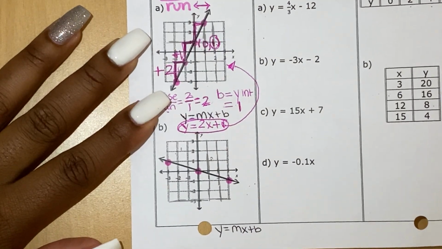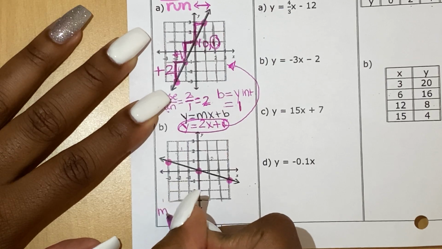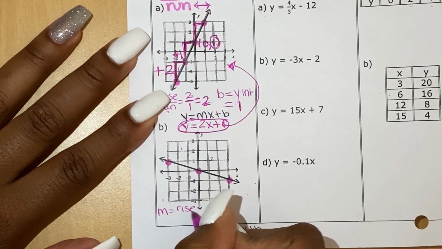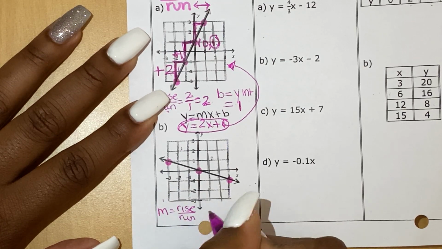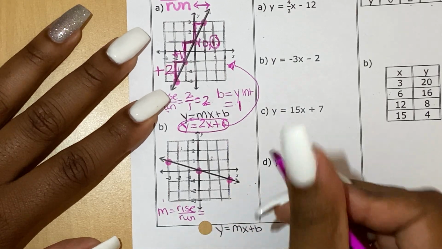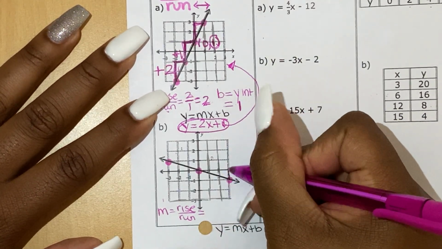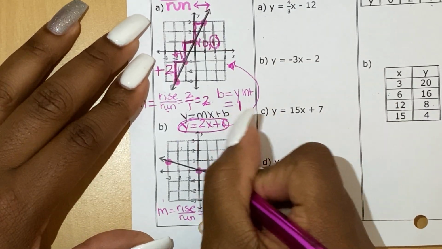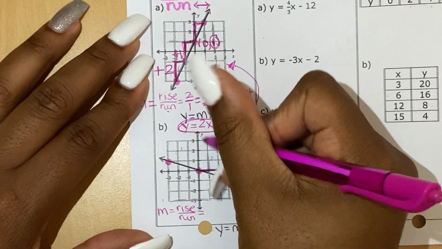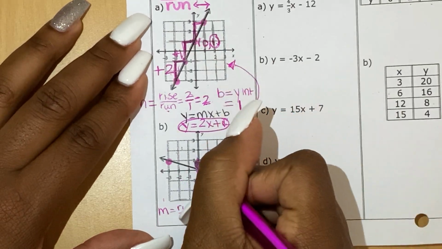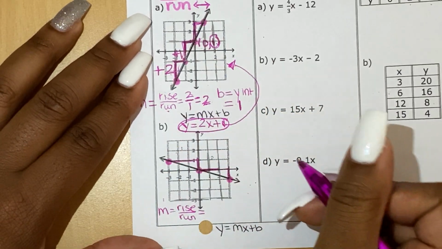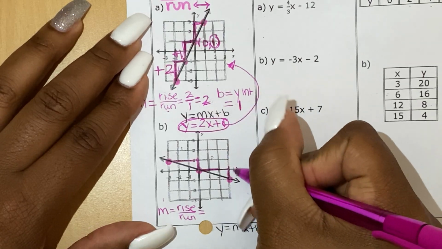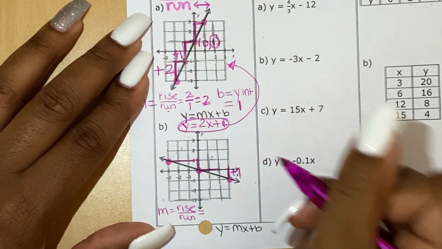Okay, remember slope is rise over run. So we need to figure out what that is. From one point to the next, I see I go up 1, to the left 3 spaces, up 1, to the left 3 spaces, okay? Up is a positive word, +1.